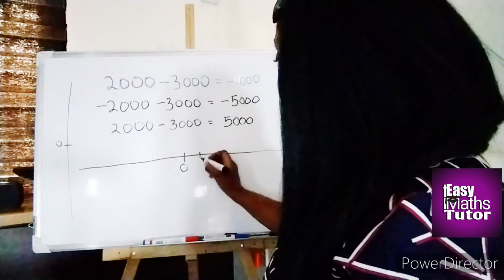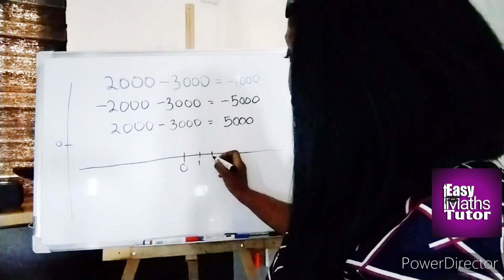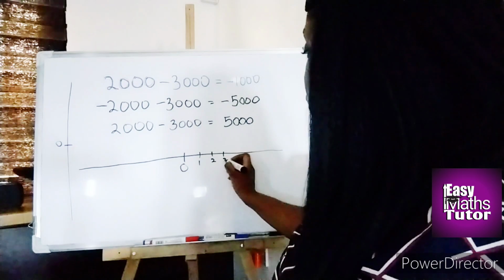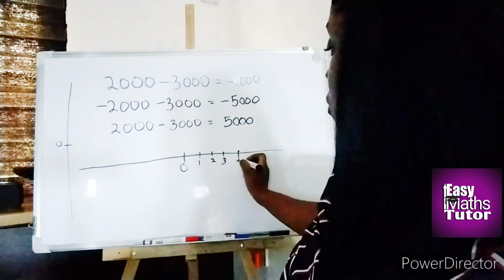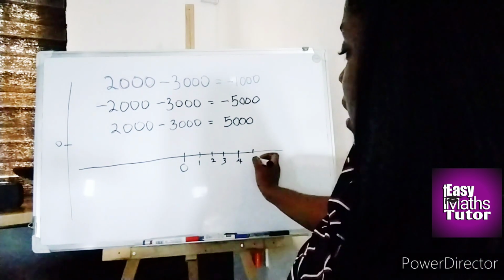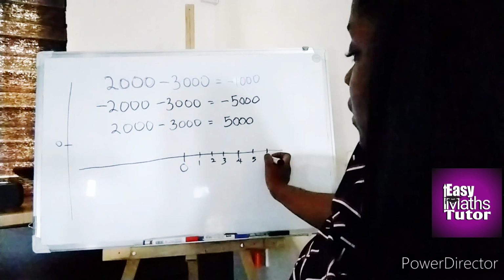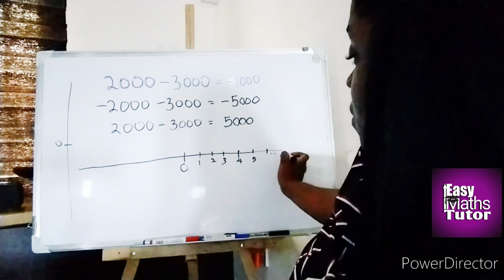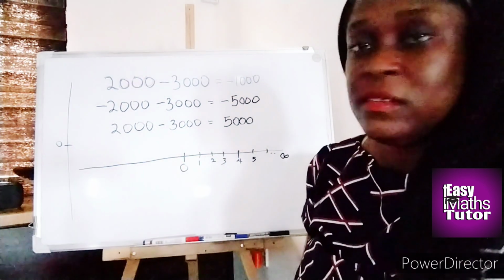So let's quickly write the numbers. We have 1, we have 2, we have 3, we have 4, 5, till infinity, okay? Till you get to infinity.